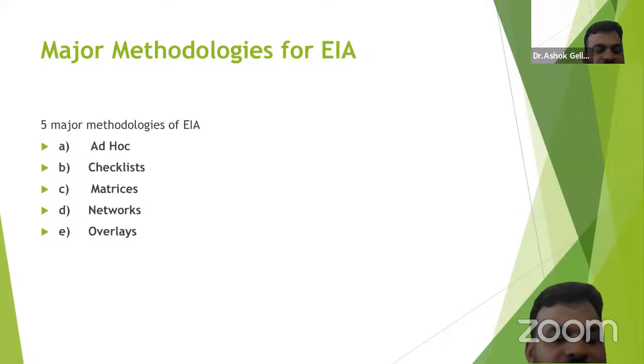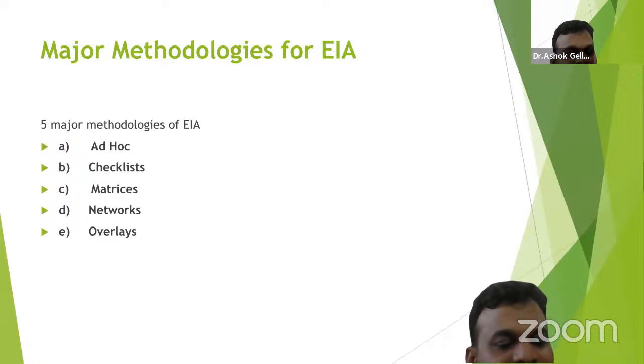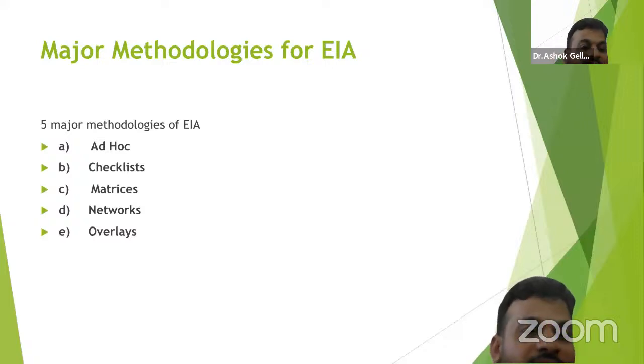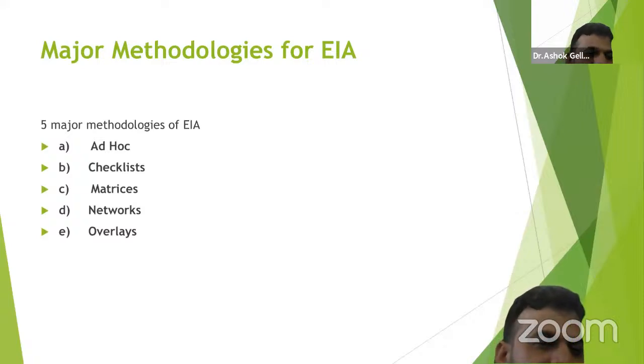So checklists are very effective in impact identification and capable of spreading awareness regarding EIA, because it draws the attention of the respective people and surrounding residents of the location of the project.